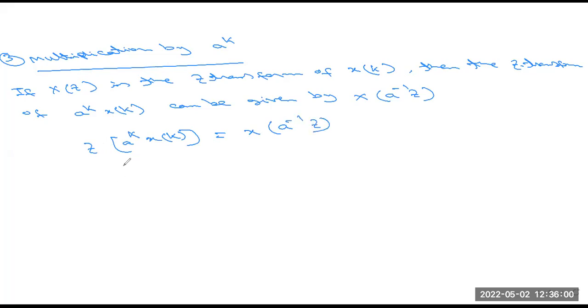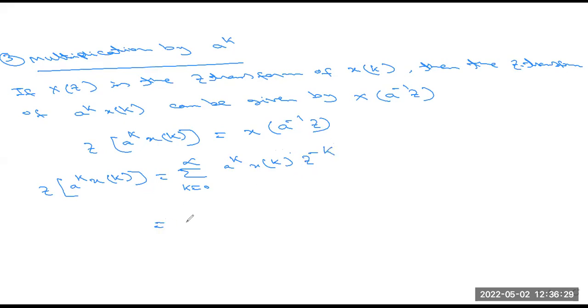Okay. So now we have to prove this equation. The equation is given, that is Z of a to the power k x of k. This is equal to the summation from 0 to infinity of a to the power k x of k into z to the power minus k.